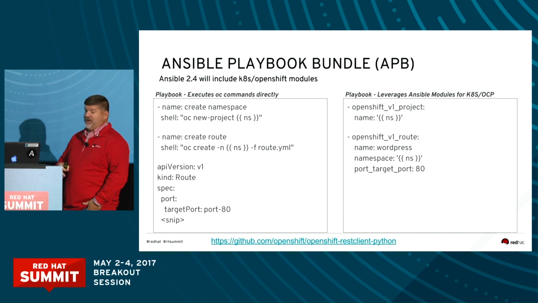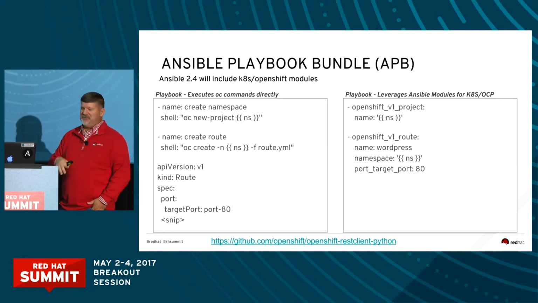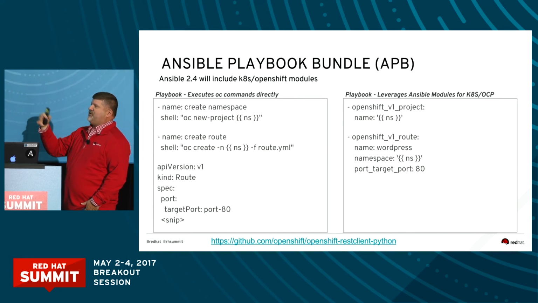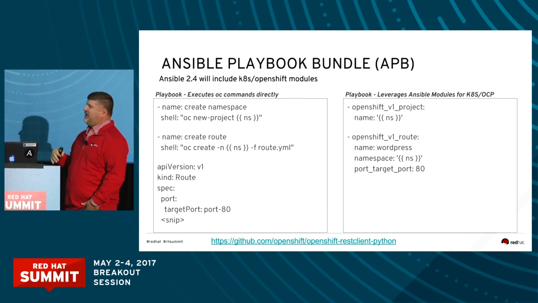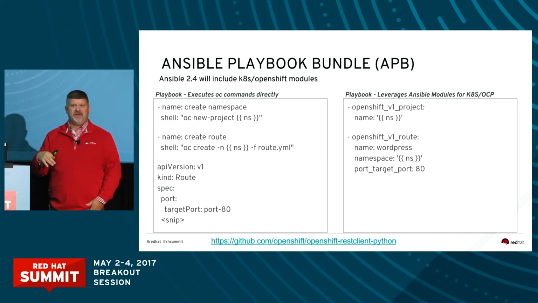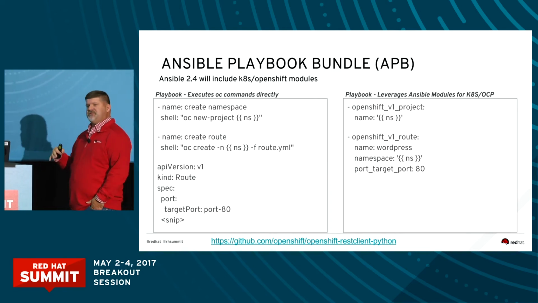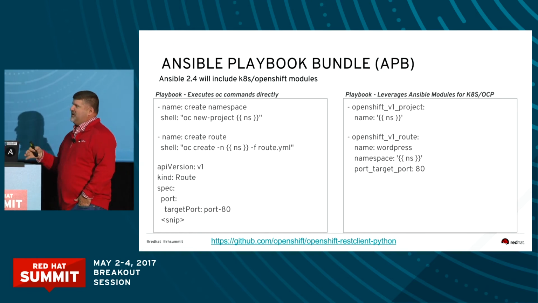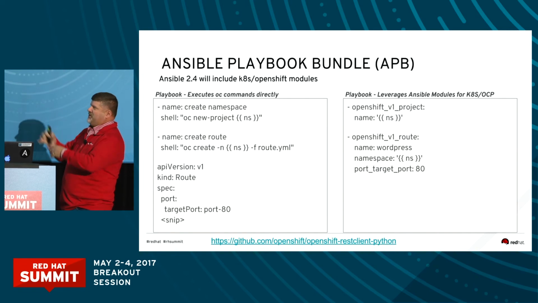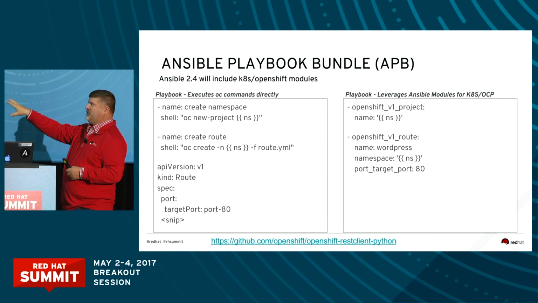Last thing I wanted to point out here before I turn it over to John and we get into the interesting demo: what I've talked about thus far is just embedded oc commands. One of the things we're working on with Ansible 2.4 is a set of upstream Kubernetes and OpenShift Ansible modules. This will allow us to take advantage of more of the power of Ansible. You can see on the right a comparison of using direct oc commands versus embedding those modules.